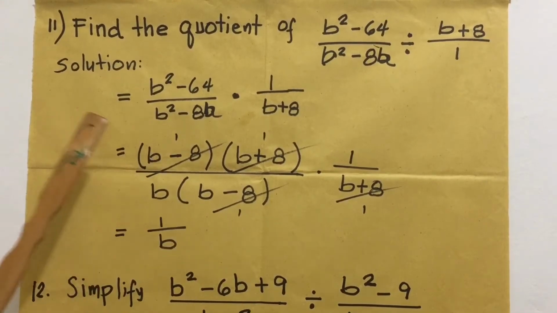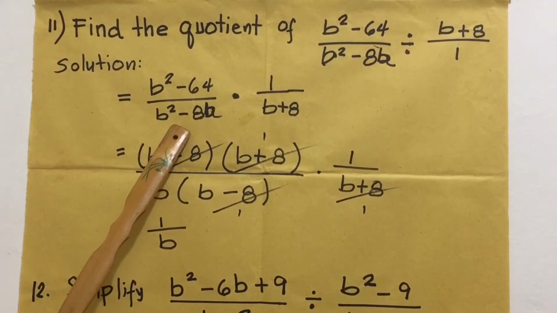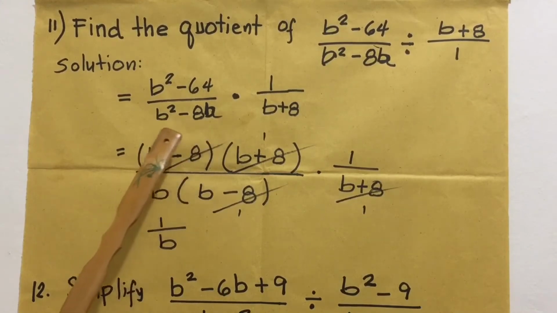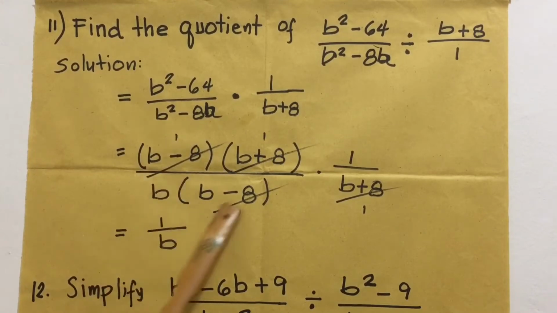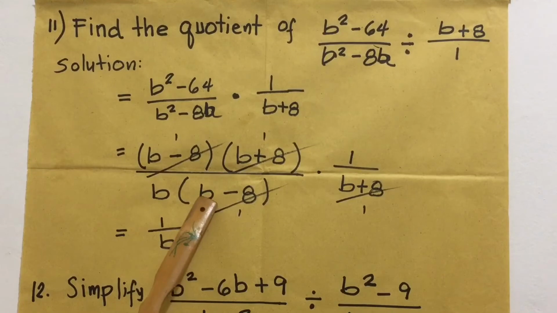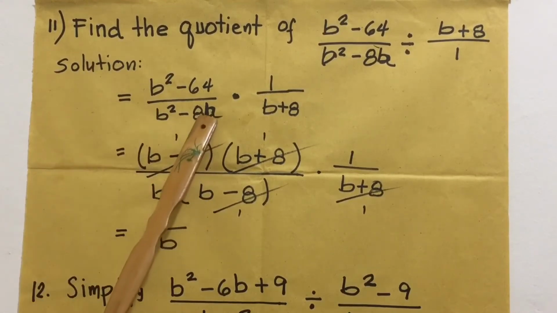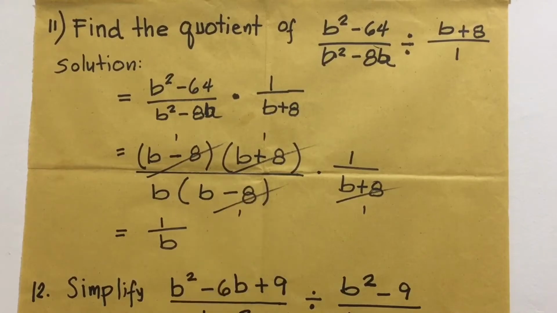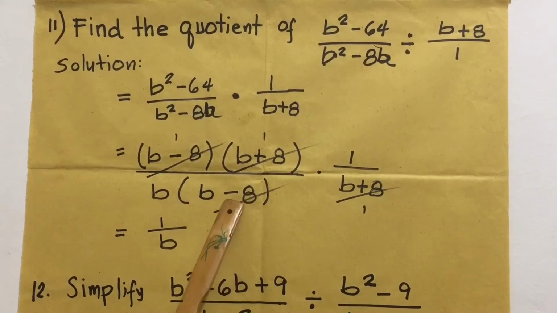Then next, we're going to find the factor of the denominator, b squared minus 8b. Our factor of this is one parenthesis, and the factor of b squared is b, and the factor of 8b is 8.